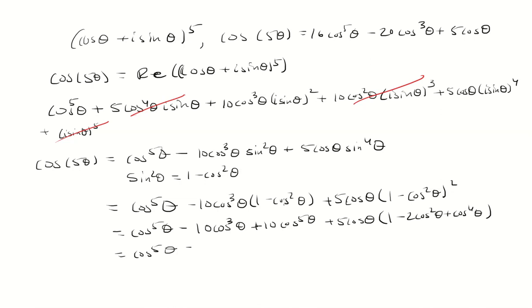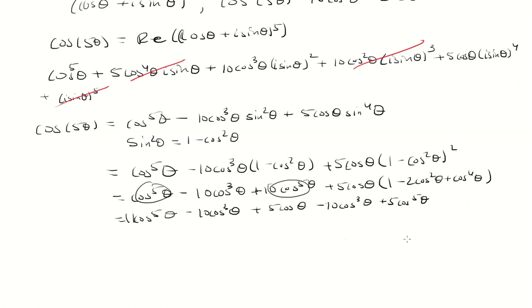So we'll distribute the 5 cosine next. And actually, we can combine the 10 cosine to the fifth with cosine to the fifth to get 11 cosine to the fifth. Then we have plus 5 cosine theta minus 10 cosine cubed plus 5 cosine to the fifth.